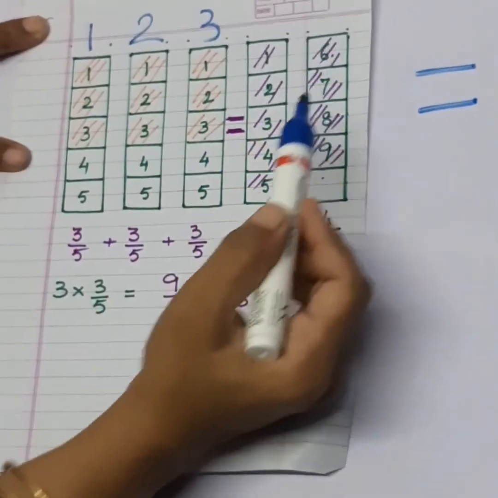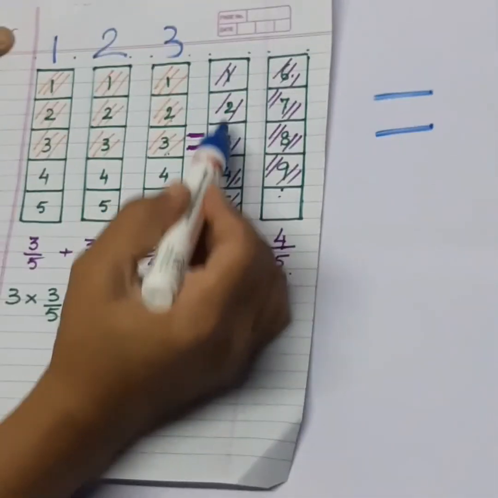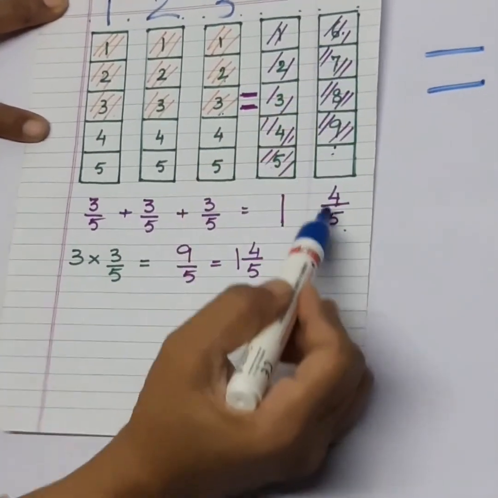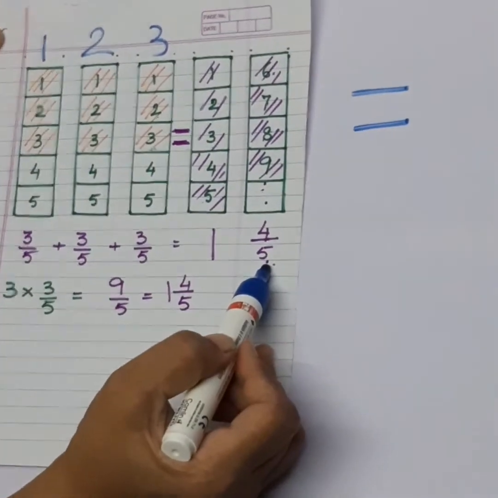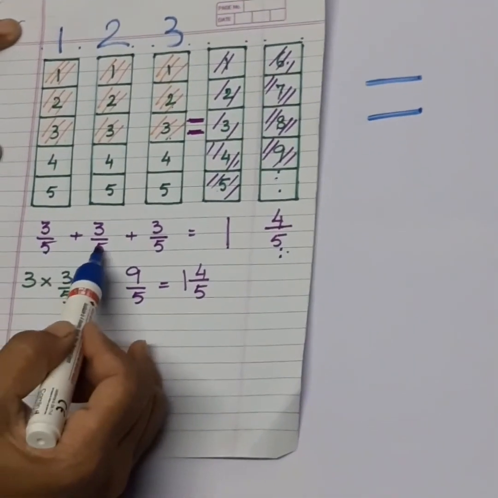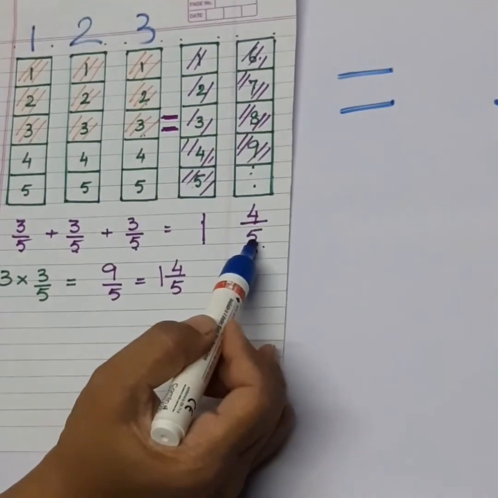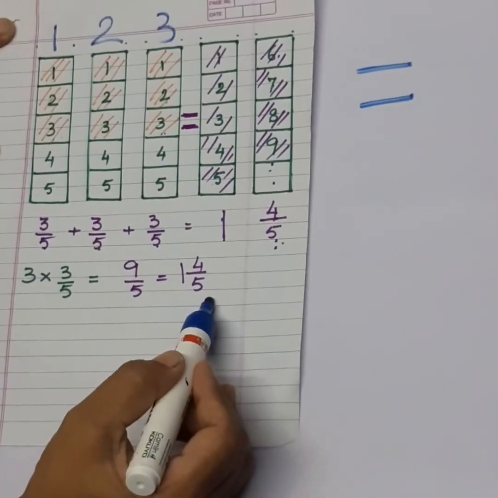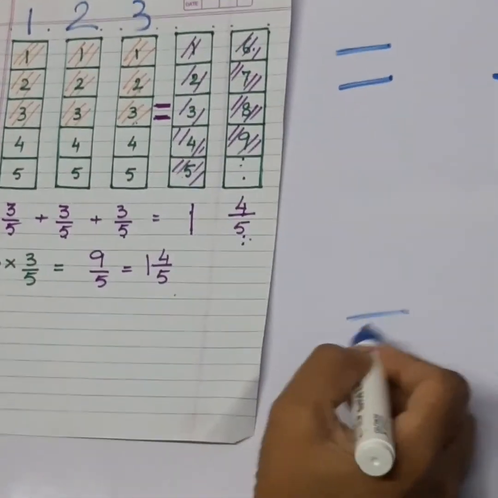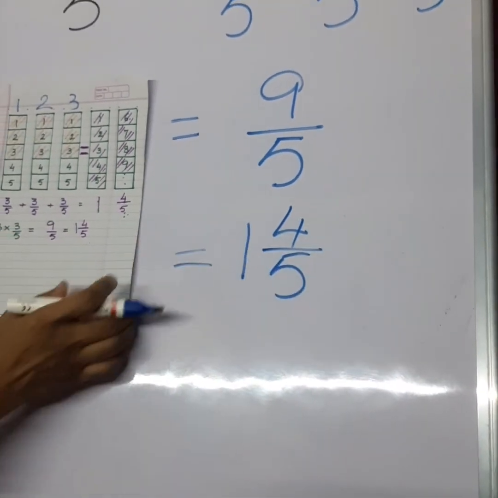That makes 6. 7, 8, 9. I have one whole chocolate and 4 by 5. From here 5 parts I have taken 4. So when we are adding 3 by 5 plus 3 by 5 plus 3 by 5, it is one whole chocolate and 4 by 5. See, when we are multiplying, we are getting 1 4 by 5.